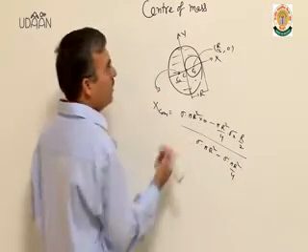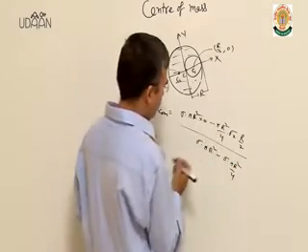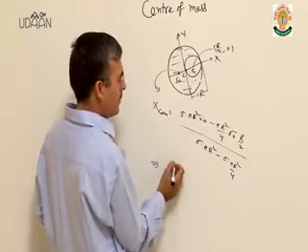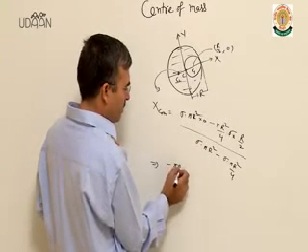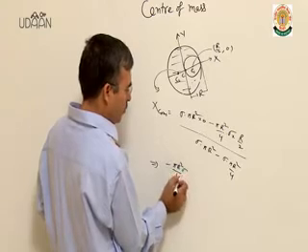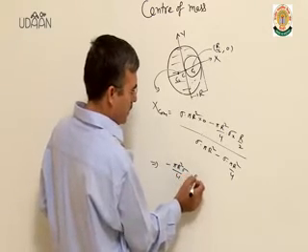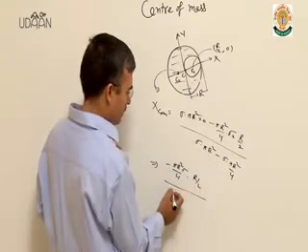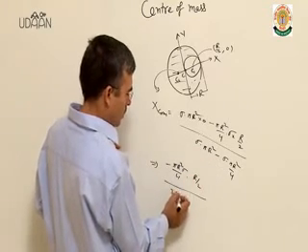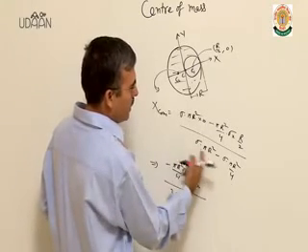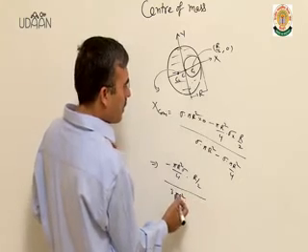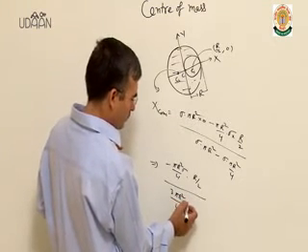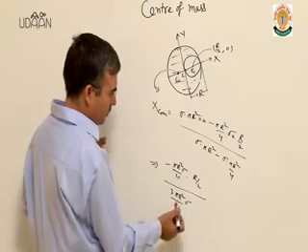If you calculate it, you will find minus pi r square sigma by 4, into r by 2, divided by 3 pi r square divided by 4, into sigma.